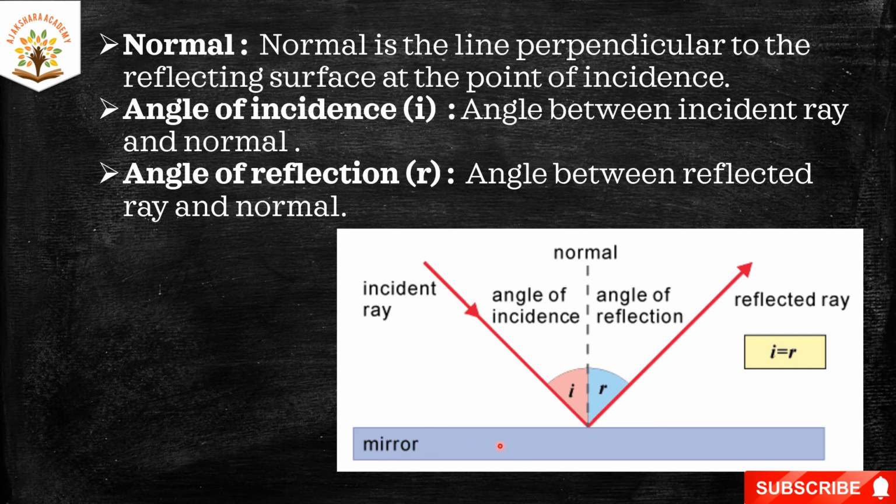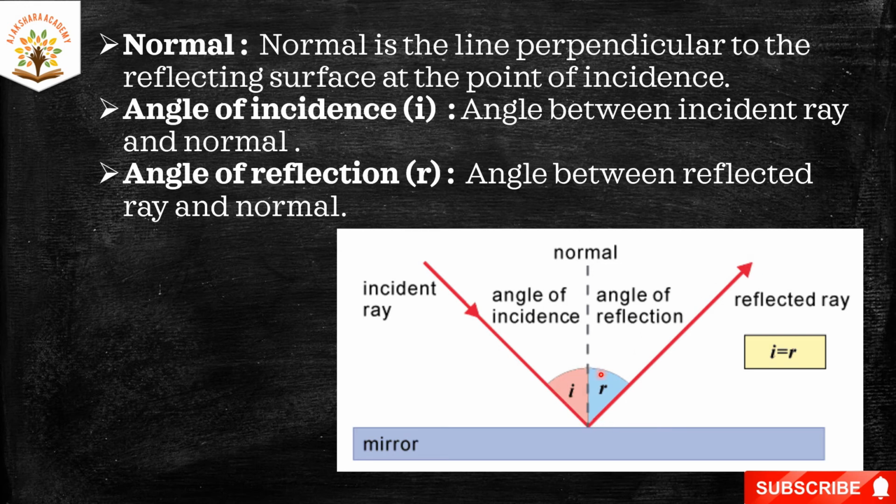Observe this figure. This is the plane mirror, and this is the incident ray, and we are drawing a perpendicular line at the point of incidence. It is known as the normal, and this is the reflected ray. Whenever the incident ray strikes the reflecting surface of the mirror, it reflects. This is the reflected ray.